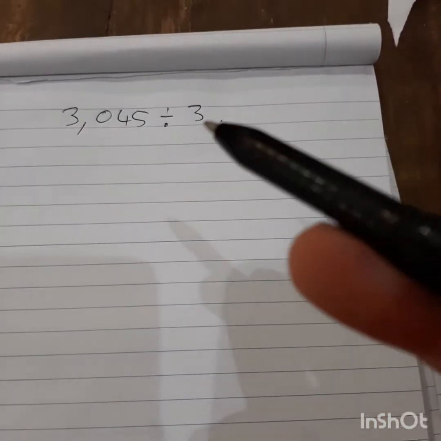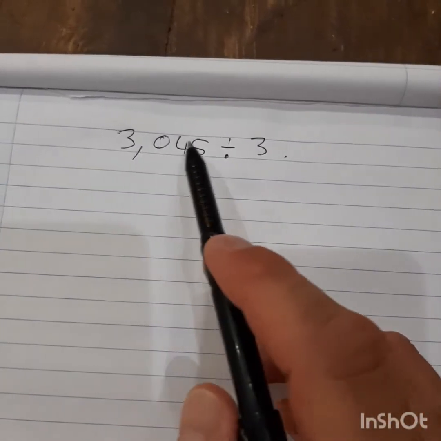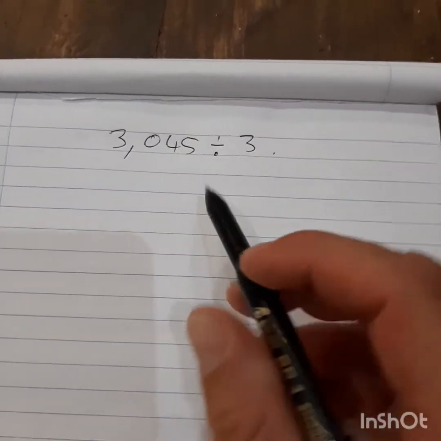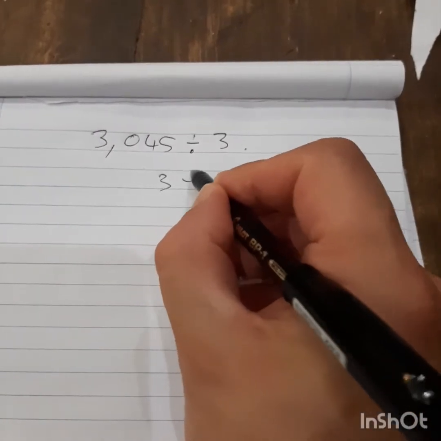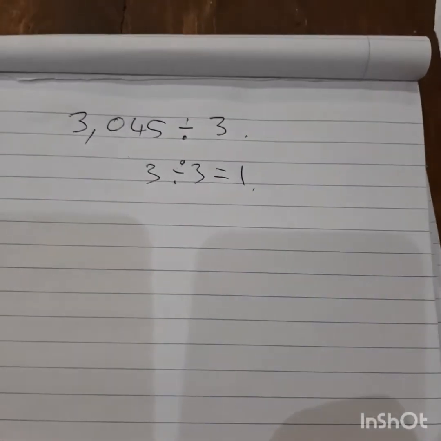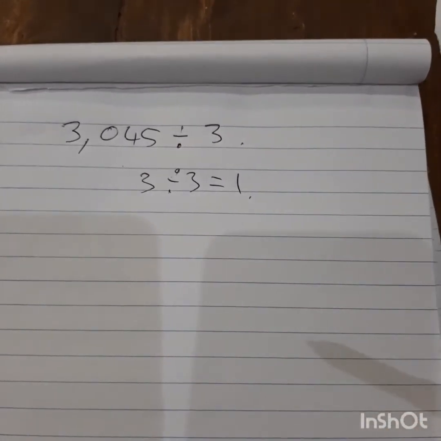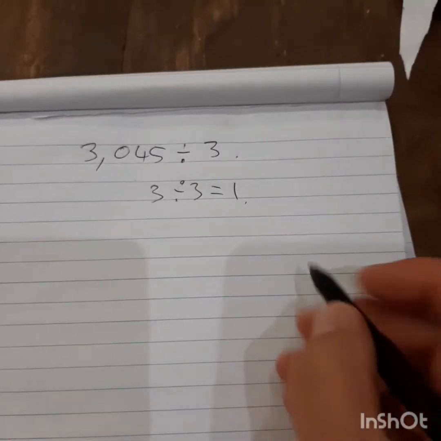Now we can estimate this and go 3 divided by 3 is 1. So we know that the answer to this sum is going to be very close to 1. Let's have a look at it.